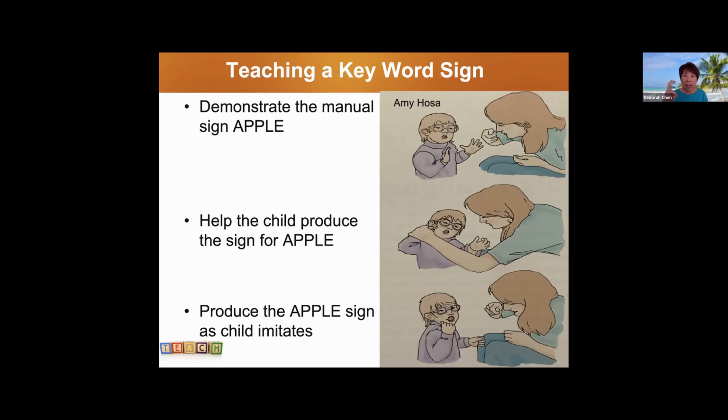So I call this a visual sandwich because the mother is showing the child the sign in the top picture, and then she's helping the child produce the sign for apple using coactive signs. And then she is showing the child again the sign for apple so the child can imitate. So she's using vision, touch, and then vision.